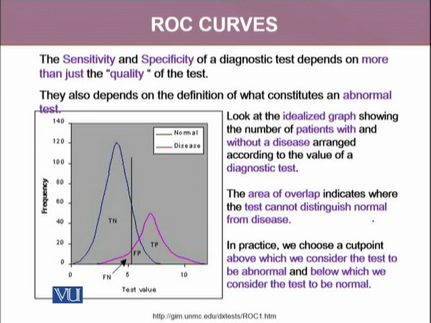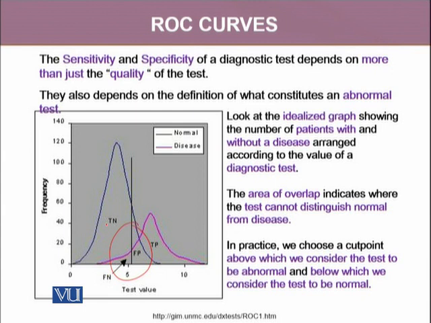If the test value is lower, it represents a normal individual, whereas if the test value is higher, it represents individuals having the disease. But you might notice there is an area of overlap, where it's really hard to distinguish the normal from the ones who have the disease.